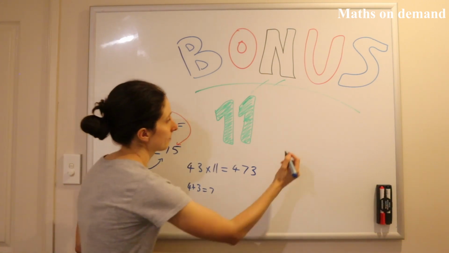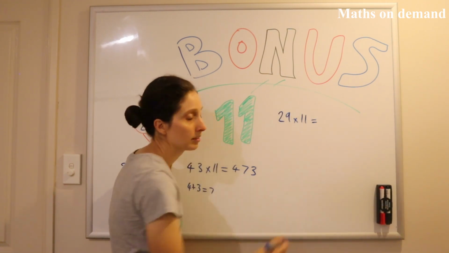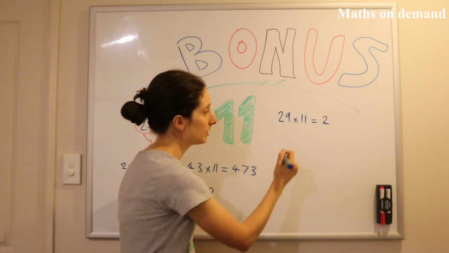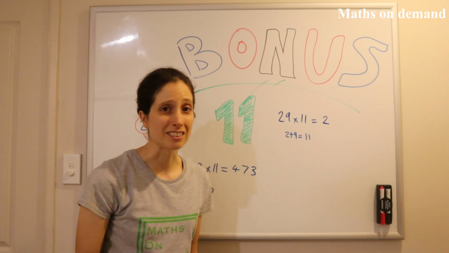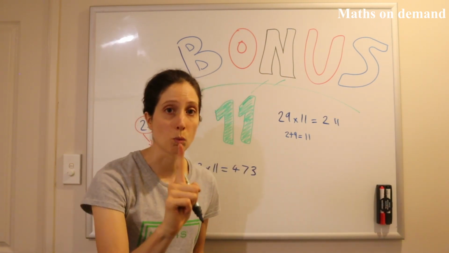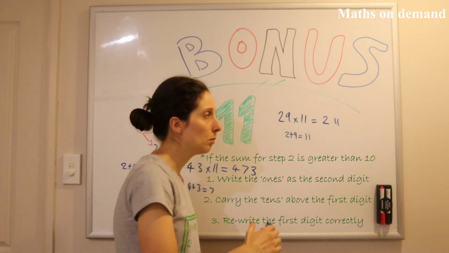What about 29 times 11? Okay, write the first digit, add the 2 digits together. Uh-oh, it equals 11. We can't write 11 here because we only have space for one number. So what we need to do is carry the 1.